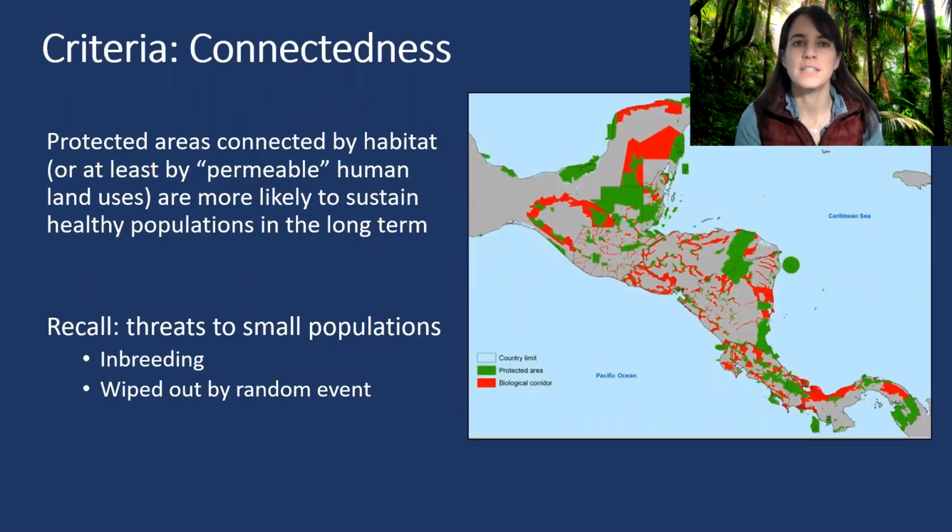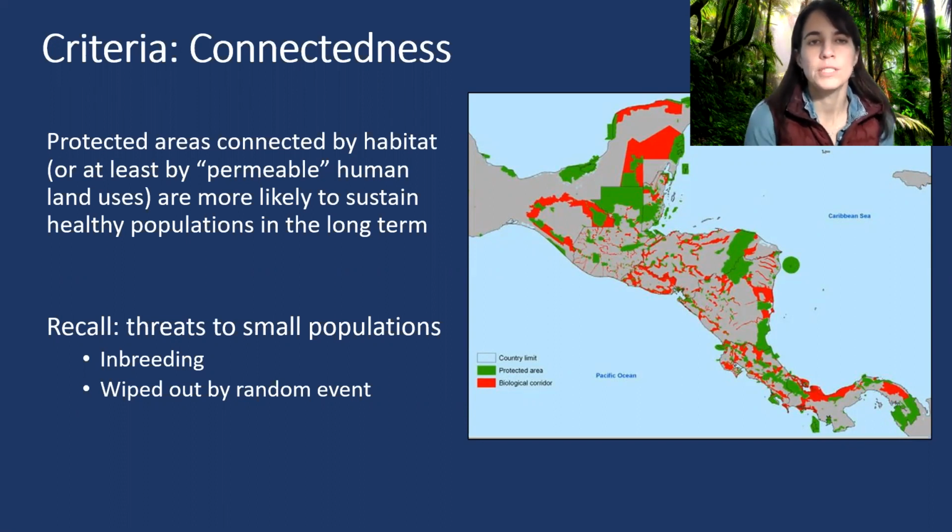And then the last criteria that your book mentioned, and that we're going to be talking about more in the next couple weeks, is connectedness. So protected areas that are connected by habitat, or at least by permeable human land uses. So what does that mean?